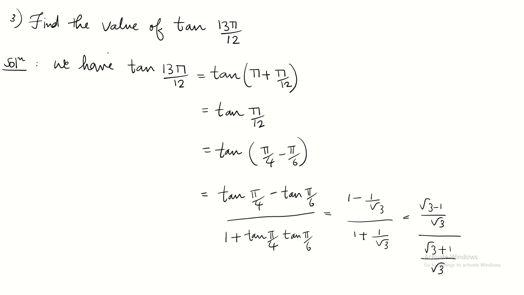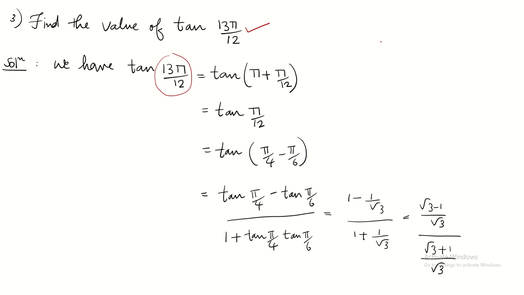Now you have the next question, the third question. That is find the value of tan 13 pi by 12. So how will you write this 13 pi by 12 in terms of two angles? You can write it as tan of, inside the bracket, pi plus pi by 12.